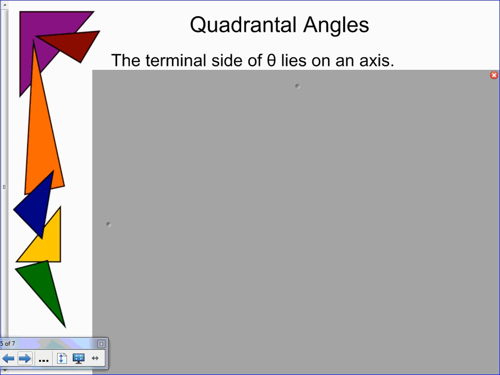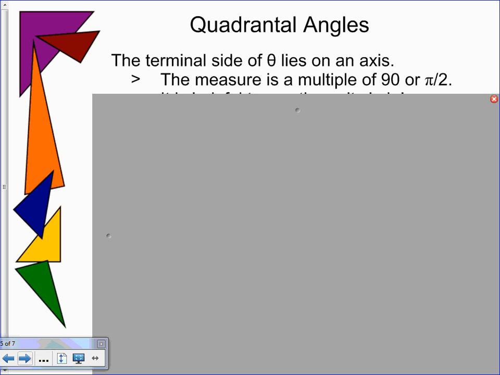If you think about that, that means that your terminal side has to be on either the y-axis or the x-axis so that you form one of the quadrants. And they have to be multiples of 90 or pi over 2. So when you're building your coordinate plane, you start at 0, 90, 180, 270, 360, 450, 540, 630, 720.